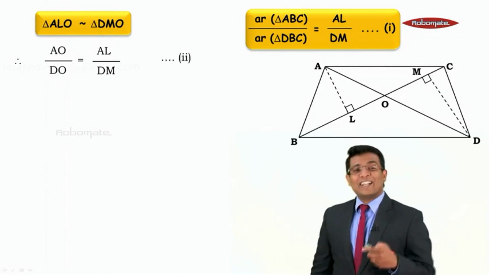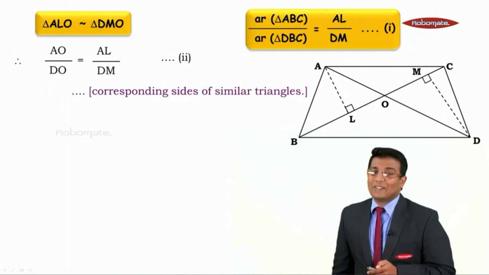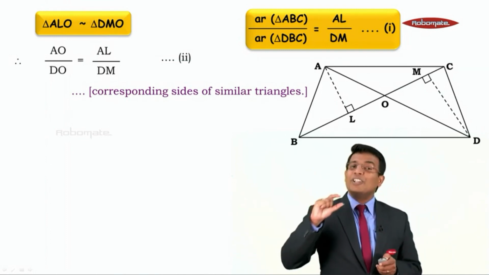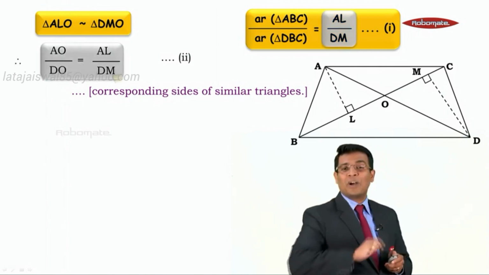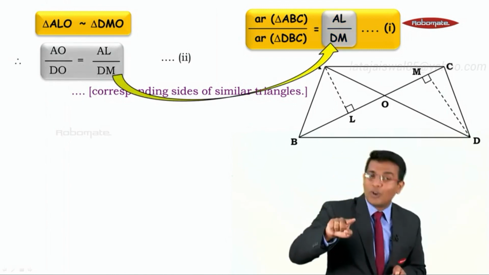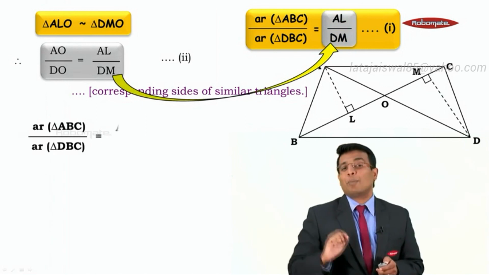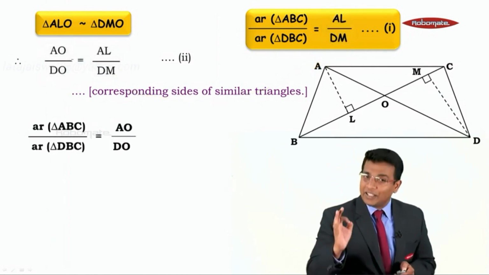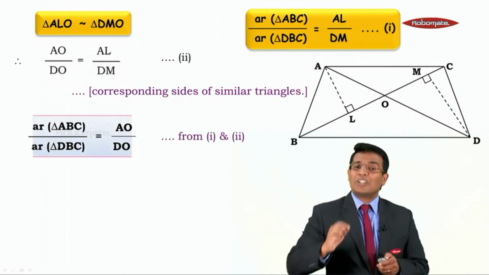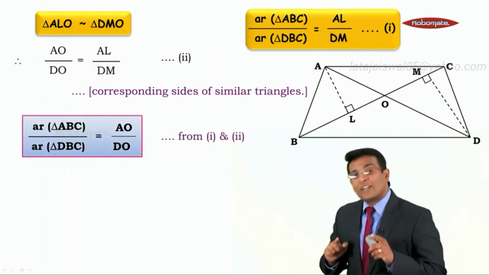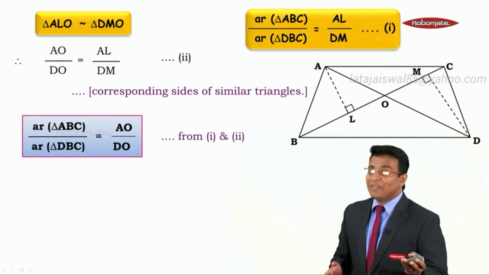It's corresponding sides of similar triangles. Now once we get this, we just substitute this value, what we got in result number 2, in that result number 1. So now what do we get? We get area of triangle ABC upon area of triangle DBC is equal to AO upon DO, and we got this from 1 and 2, and that's our proof. Wasn't that easy? A very simple proof, right?